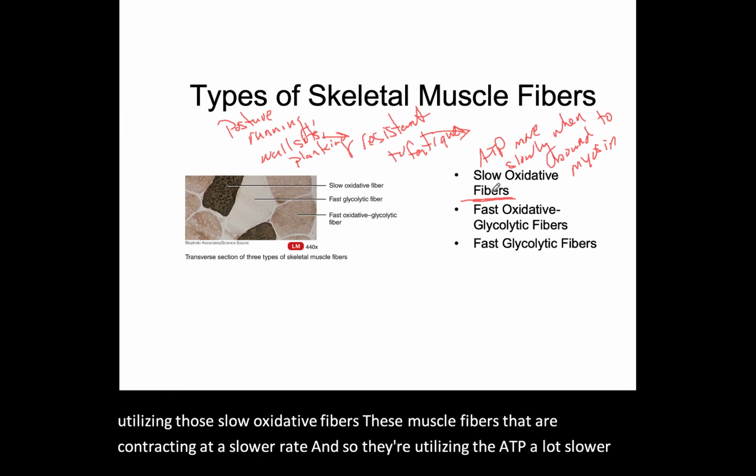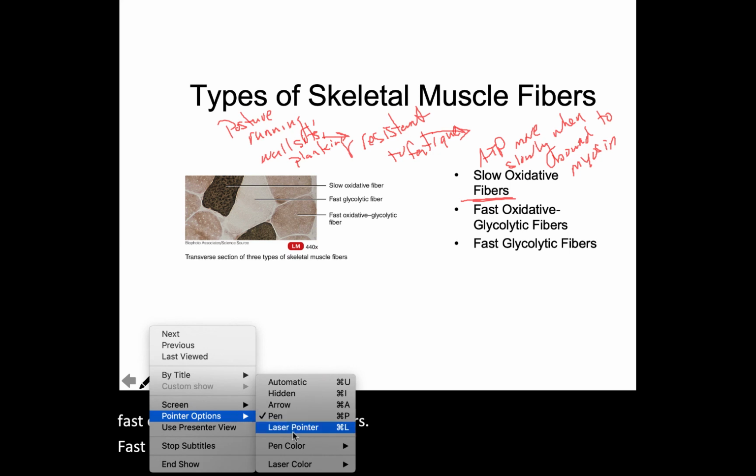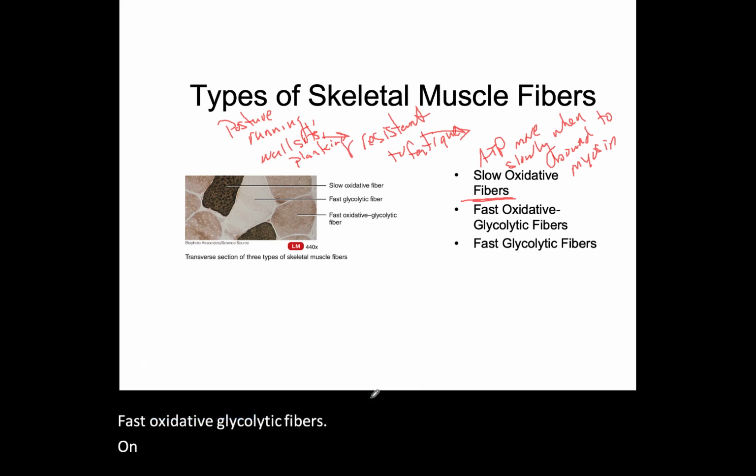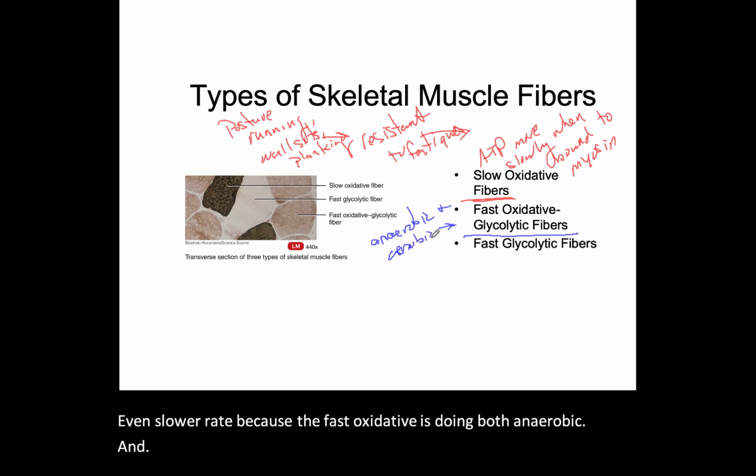Fast oxidative glycolytic fibers, on the other hand, are utilizing ATP through cellular respiration, and they're using it at an even faster rate, because fast oxidative glycolytic is doing both anaerobic and aerobic respiration.